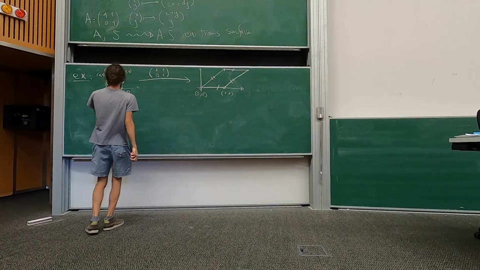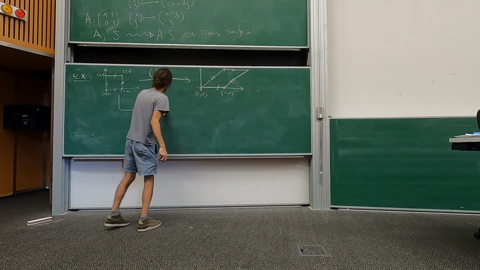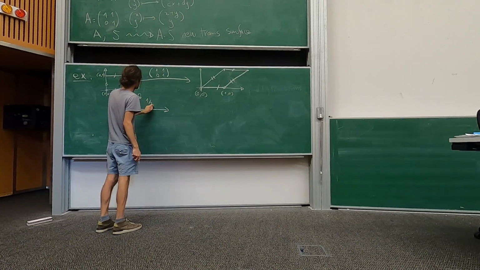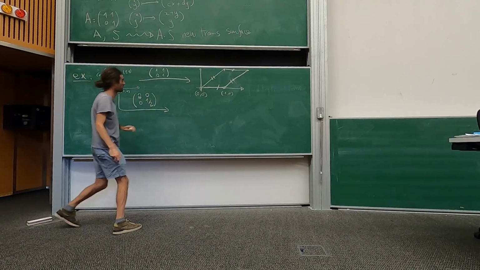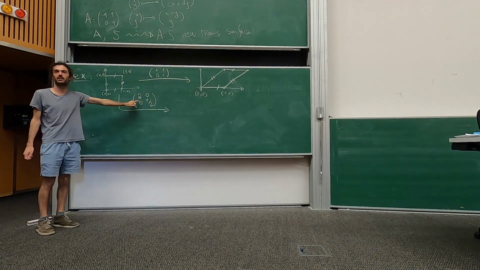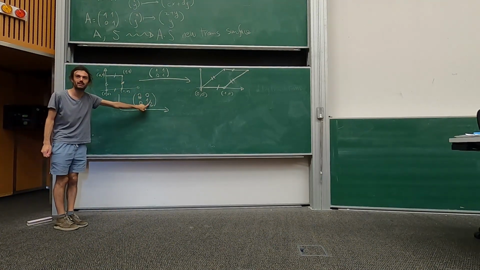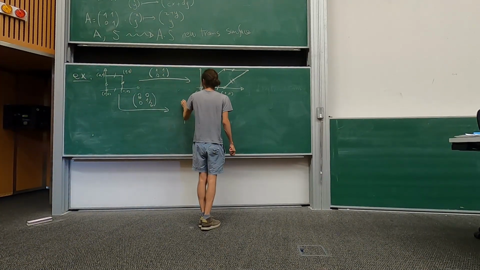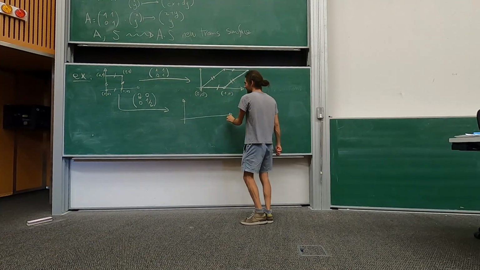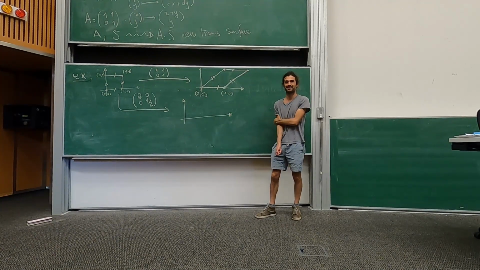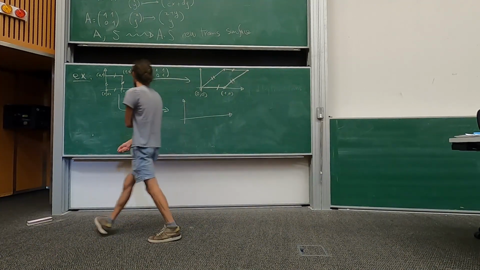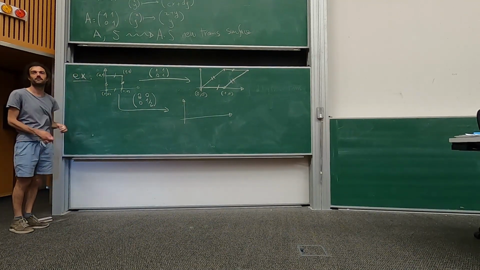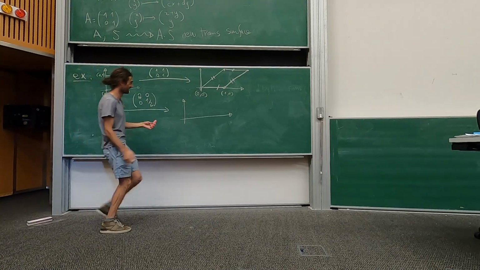Maybe I can draw another example. If I take this matrix, this is again in SL2 because ad minus bc is 1. Do you see what shape the image has? At this point, where is it sent? Yes.